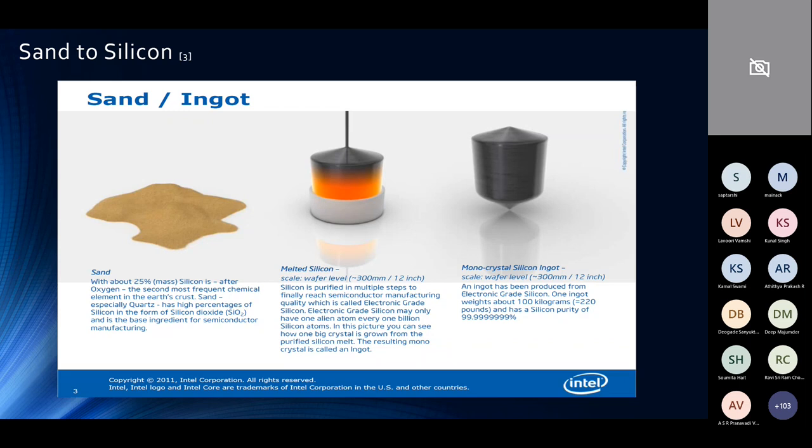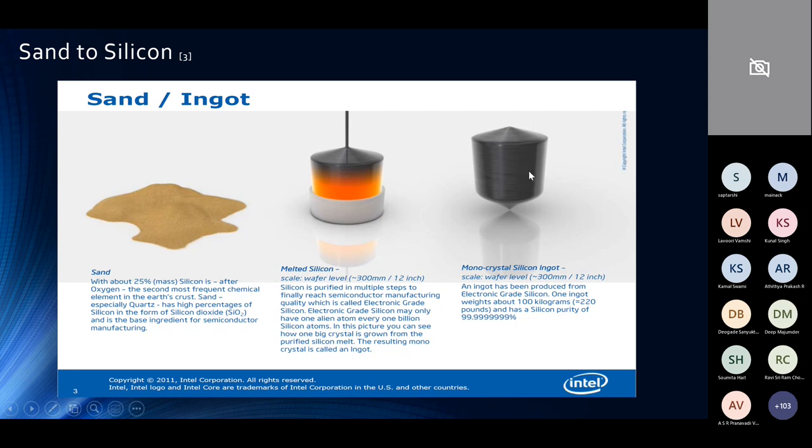You take sand, and then, of course, you have to extract the silicon from it. It goes through myriad steps of heating it up, melting it, extracting silicon from there, and then purifying it. So from taking a raw amount of sand like this, after a bunch of steps, what you end up with is called a monocrystal silicon ingot. It looks something like this.